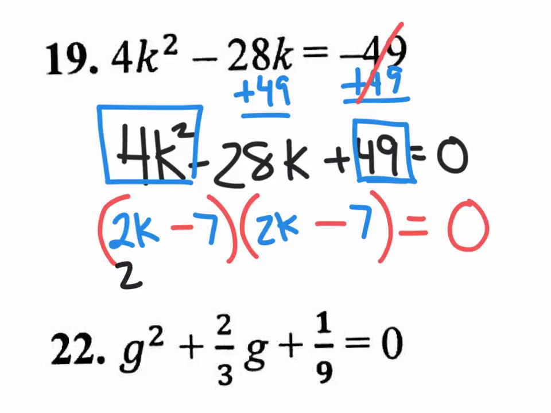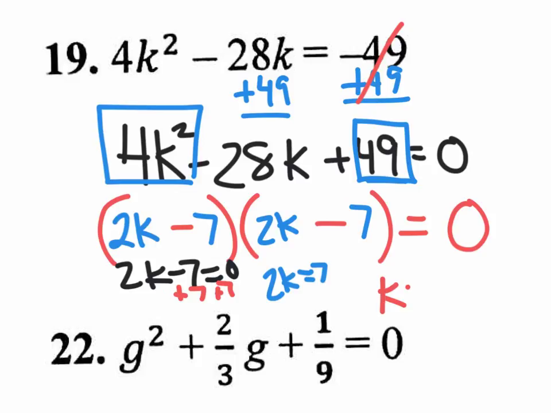So I'm going to have 2k minus 7 equals 0, and the other one's going to be the same exact thing. And if I solve it, I'm going to add 7 to both sides, and you'll get 2k equals 7, which means that if you divide both sides by 2, you get k equals 7 halves. Now, if you were to do that with the second binomial, which is the same exact thing, you'd get the same exact answer.